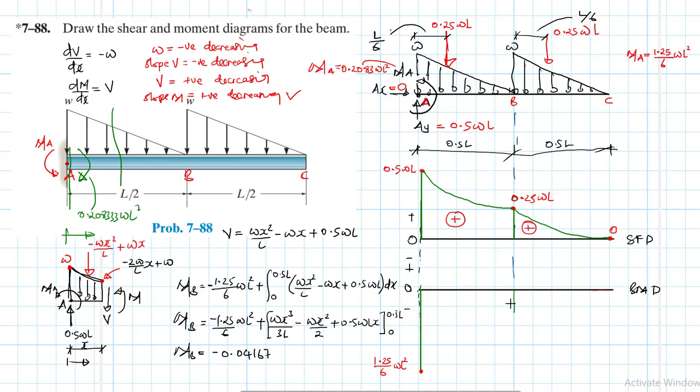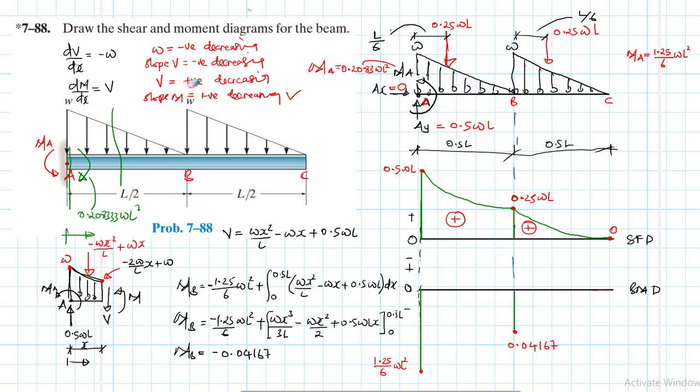Okay, so let's say we have a value somewhere there at B, somewhere there like so. Let's say this is our value, which is 0.04167.